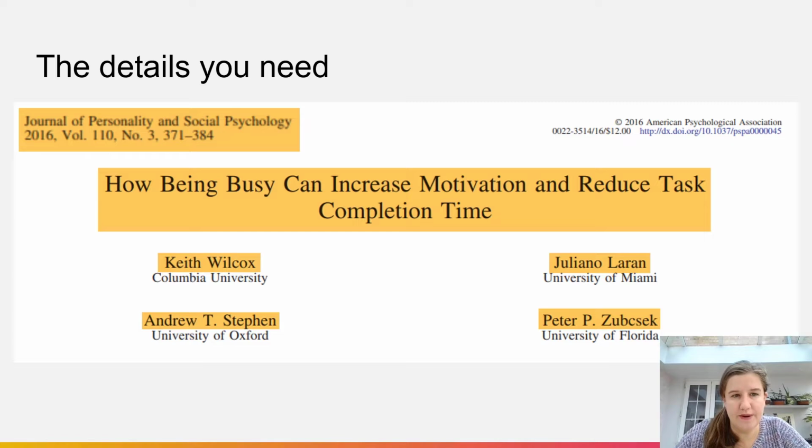We've got a volume number, followed by an issue number, and then a page range. So that's the start page and end page of this particular article. And you'll notice underneath the article title that we've also got the names of 4 authors. Now on the next slide, I'll explain why it's important that there are 4 of them.